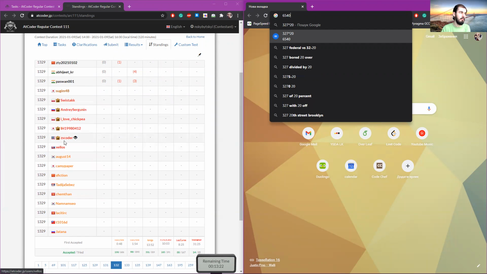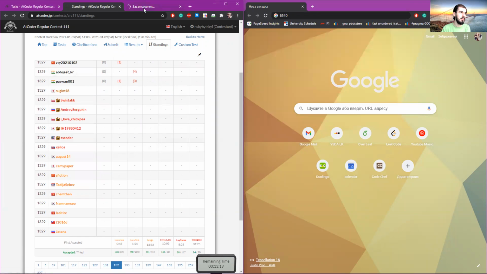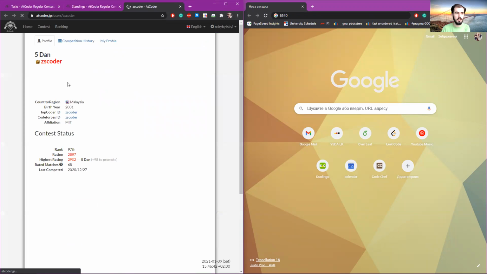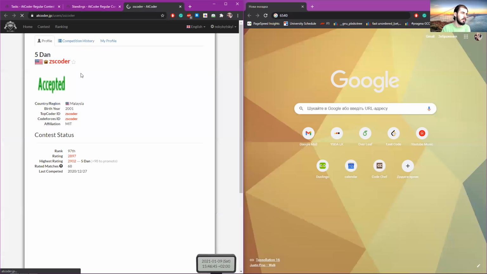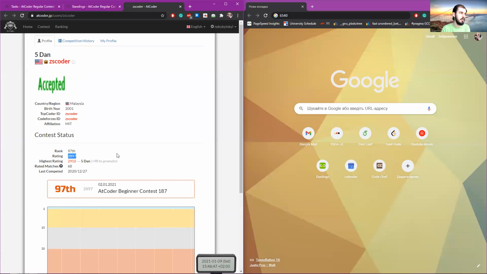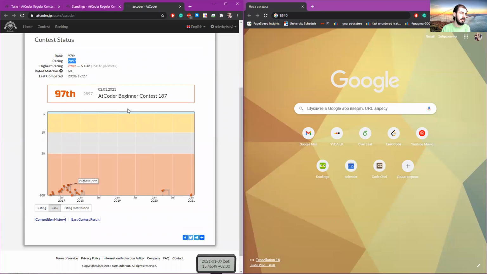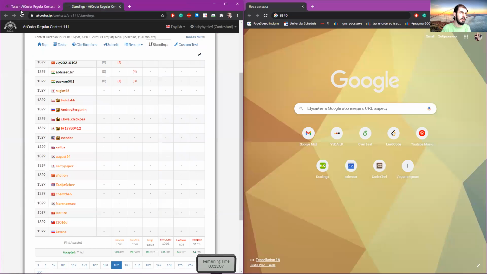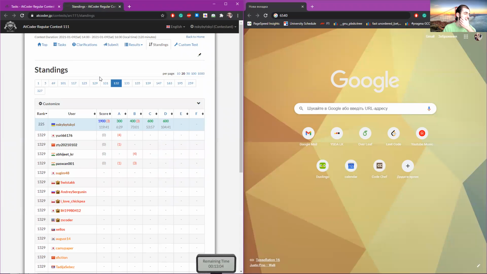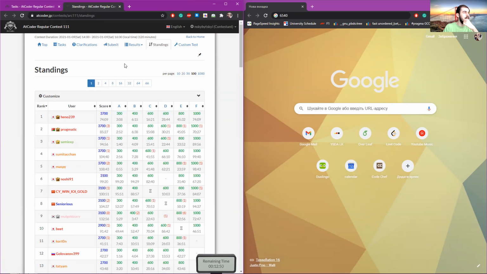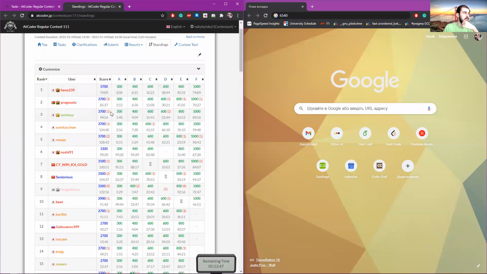They all registered, but I think they are out of rating, right? Unofficial participation. For example, their rating is bigger than cap of regular contest. I think I should definitely investigate. Oh, actually, 1,000 records per page was a bad idea. Now I understand. Yeah, 100 per page is okay.